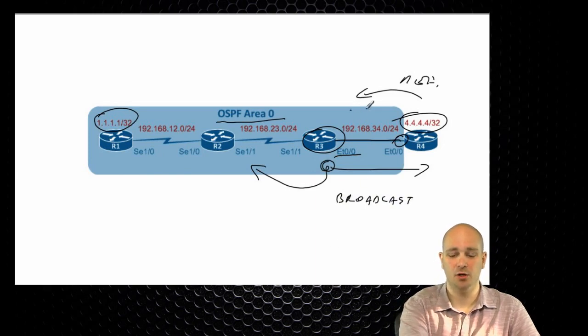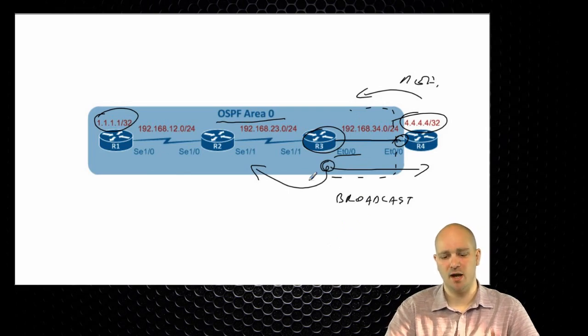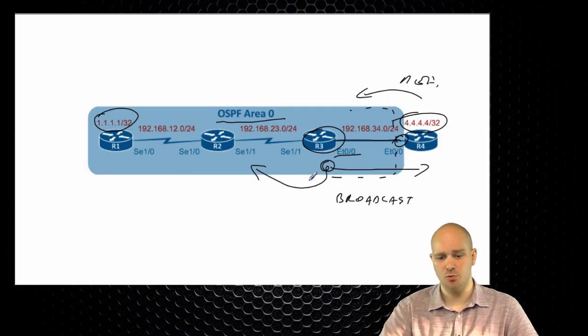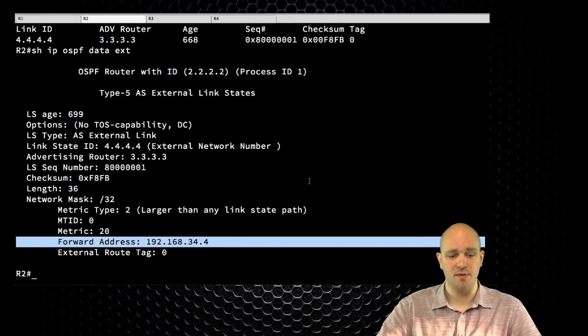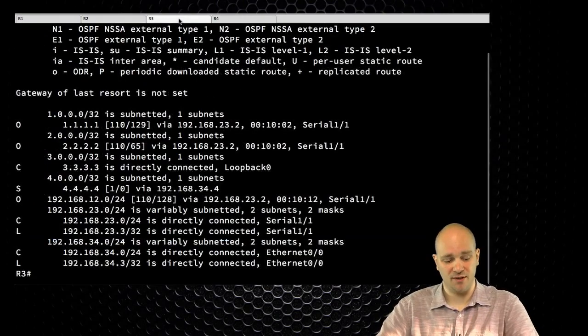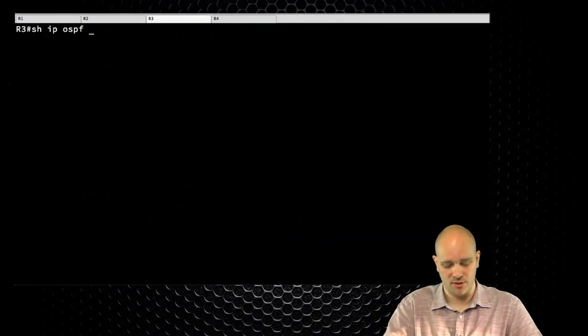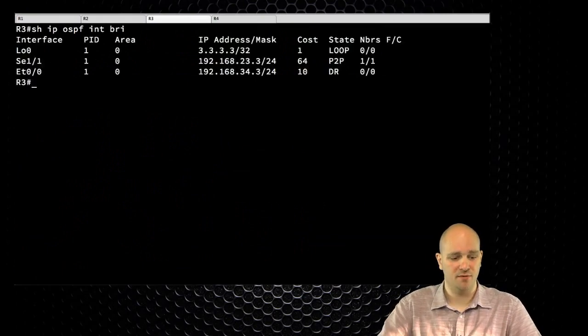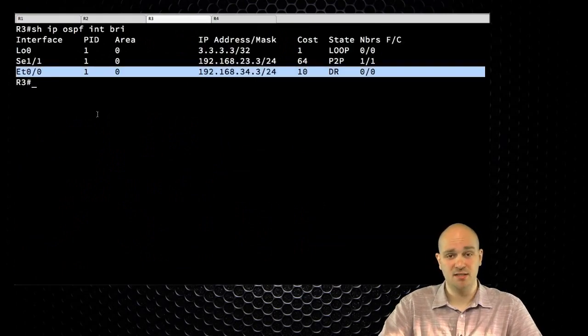Now we can see here on the diagram that there is this blue thing around this interface, which leads me to assume that OSPF might actually be enabled on that interface. And if I go to R3 and I say show ip ospf interface brief, I can see that on Ethernet 0/0, OSPF is indeed enabled.